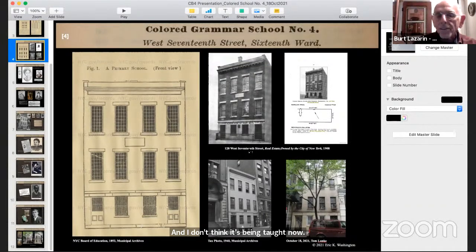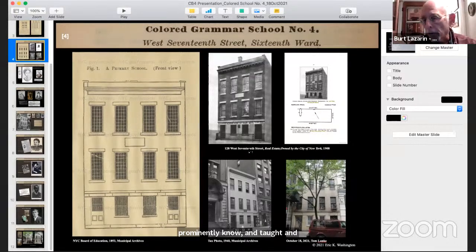If you asked most kids in New York City whether there were officially segregated schools in New York City, they'd say, no, of course not. Well, this is part of our history, and it should be prominently known and taught.